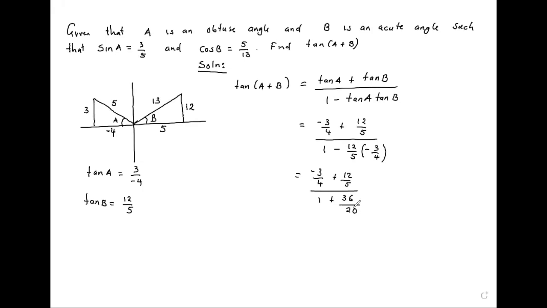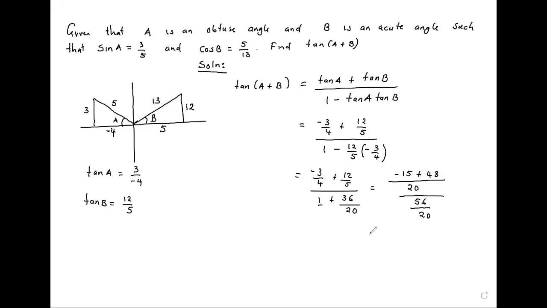In the numerator, 20 is a common denominator: 4 into 20 is 5, so we get negative 15, 5 into 20 is 4 times 12, we get 48, over 56 over 20.